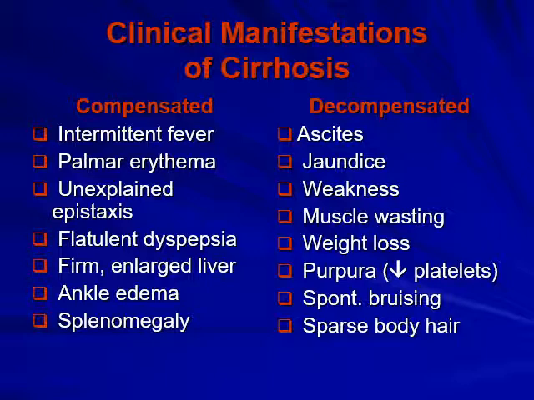If we have decreased metabolism of ammonia, we can have hepatic encephalopathy. If we have decreased metabolism of aldosterone, and aldosterone's function is to hold on to sodium and water, well, we're going to have sodium and water retention, and we're going to have ascites and weight gain and resultant increased blood pressure and portal hypertension. So all of the functions really flow into the signs and symptoms very well.